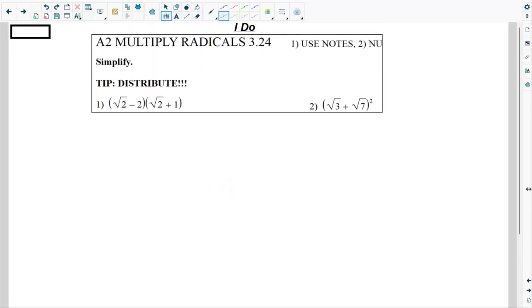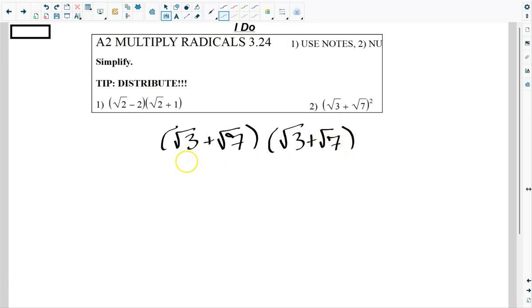Alright, so let's jump into number 2. We have this expression squared, so it's itself times itself. So FOIL: first, outer.